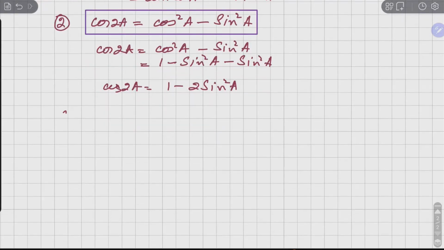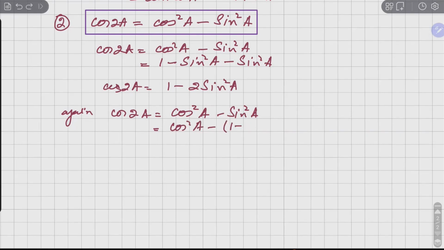Similarly, again, if I write cos of 2a as cos square of a minus sine square of a, and instead of writing the identity for cos square, I write the identity for sine, it would be cos square of a minus 1 plus cos square of a.